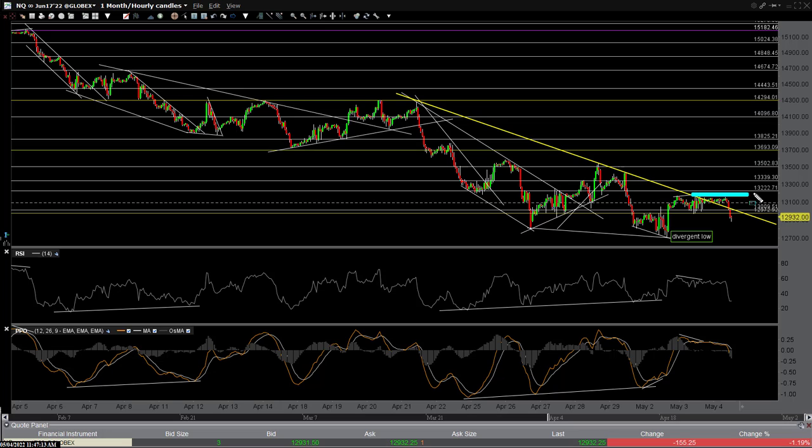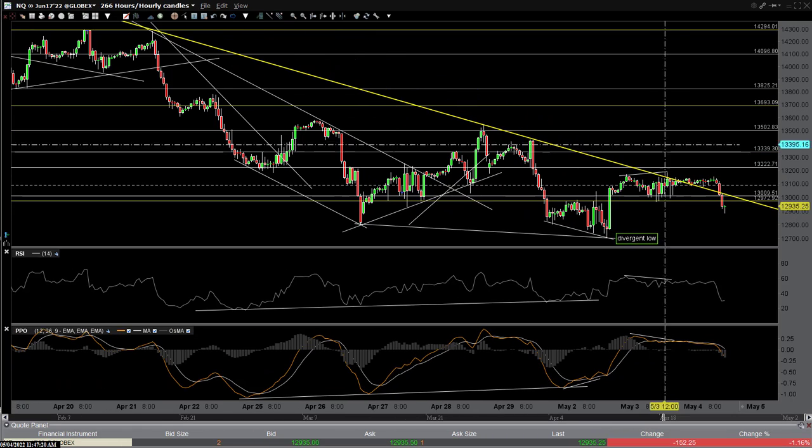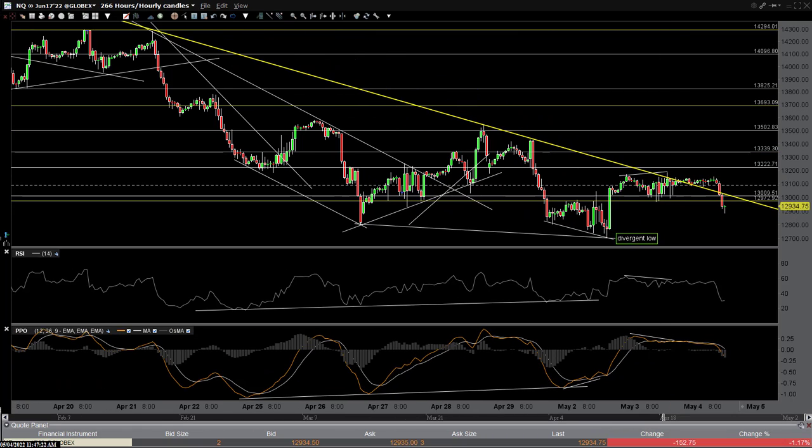You have resistance right here over these recent highs. I'm going to pull it in tighter and show you. A logical stop might be right above there. However, the problem with that, number one, is the algos know it. Humans know it. The big market makers, the trading desks that have a lot of money to play with, can run it up, clear those stops, and then take it down.